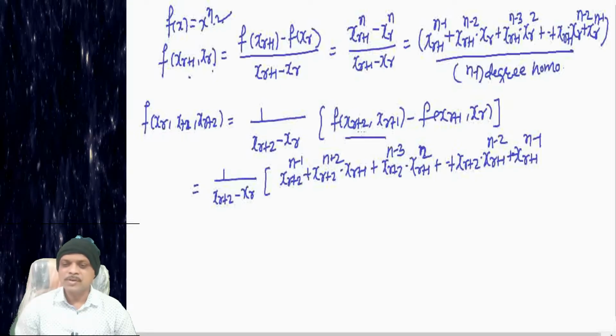This is an (n minus 1) degree polynomial in two variables.